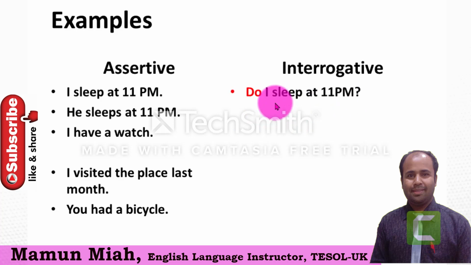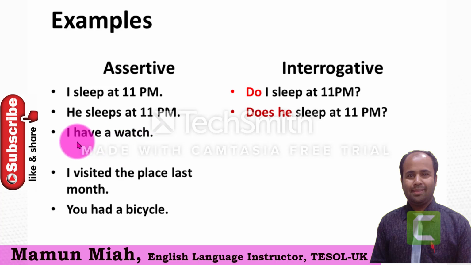Do. Do I sleep? He sleeps. Look, singular subject he, and sleeps singular, right? Because here s is added, the interrogative form does will be at the first. Does he sleep? And look, I have a watch.